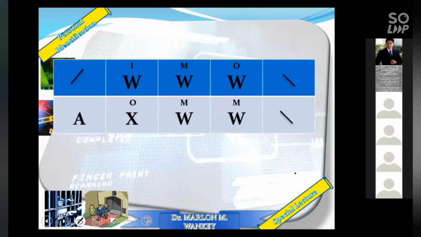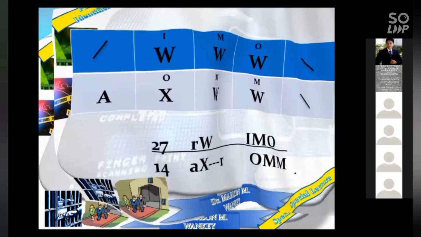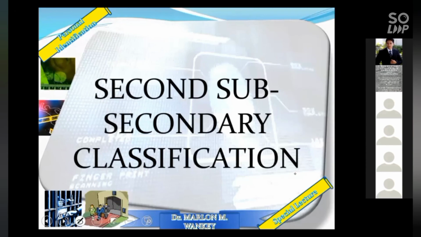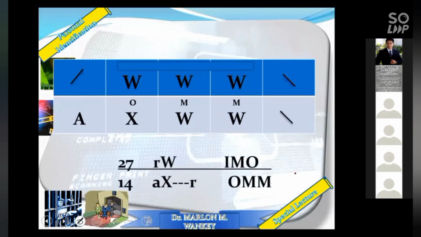Okay, let us now proceed to the second subsecondary classification. Ito yung sinasabi kong bago. Saan ba natin nilalagay ito? May pagkakataon na hindi natin alam. Kasi because of scar, 'di ba?